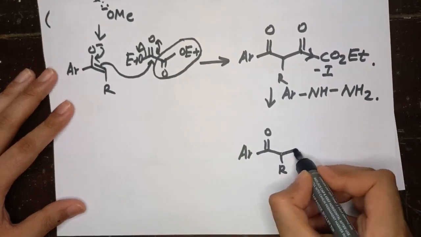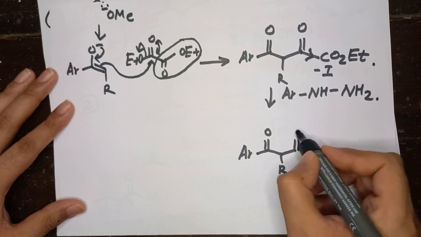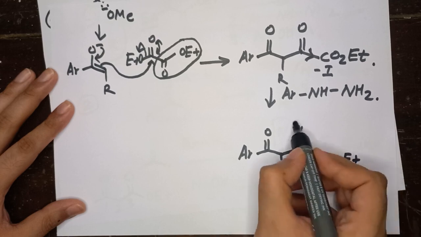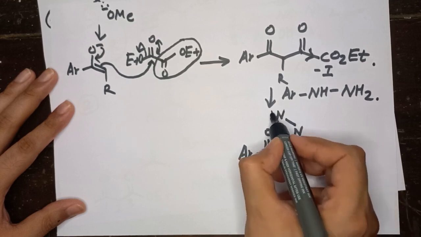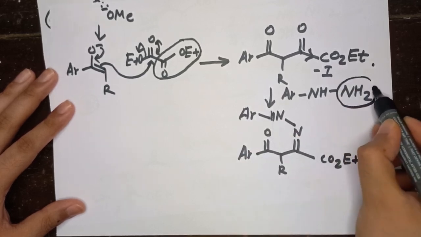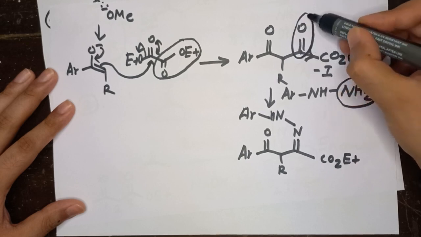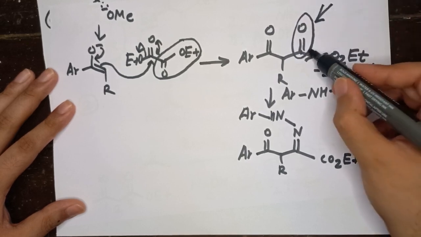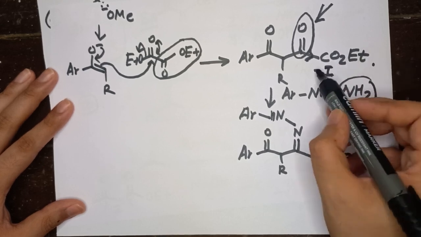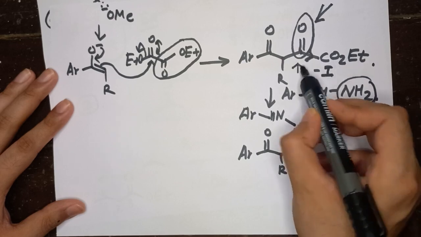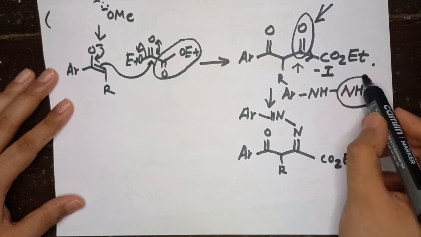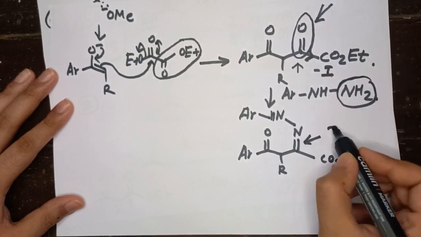Basically this NH2 formed imine with this carbonyl, and this carbonyl is particularly more reactive because an extra CO2Et group, extra electron withdrawing group, is present next to it, making it more electrophilic. Okay, that's why this carbonyl particularly reacts with this primary amine and forms an imine bond.